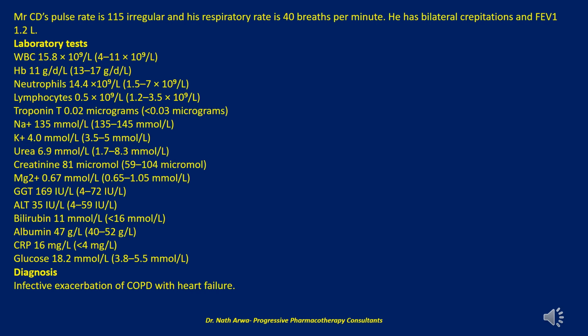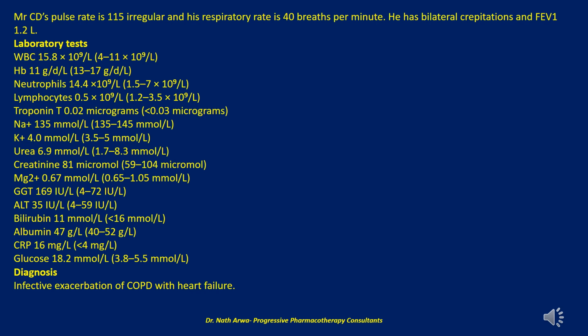His laboratory tests are listed below. WBC 15.8 times 10 power 9 per liter. The normal range is 4 to 11 times 10 power 9 per liter. Hemoglobin 11 grams per deciliter. The normal range is 13 to 17 grams per deciliter.